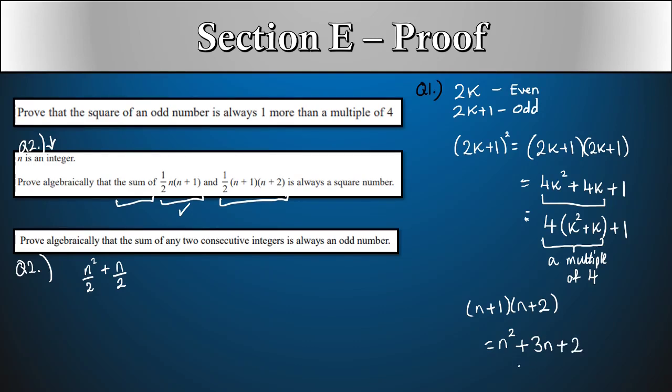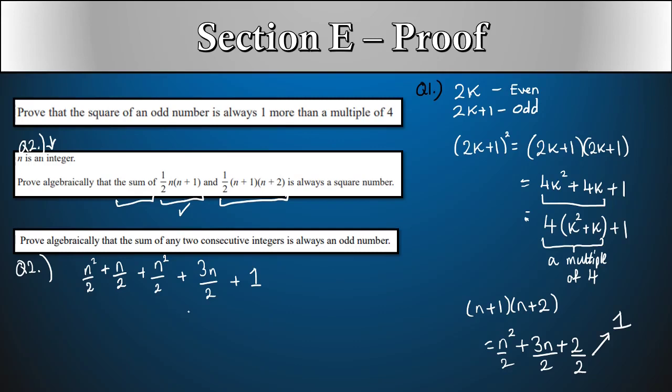So this is what I obtain here, but then don't forget, we've got this half at the front. So I need to divide each one of these individually again by 2. Okay, this 2 over 2, this would individually become 1. 2 divided by 2 is 1. So writing this out in full, what I've got here is another n squared over 2. I've got 3n over 2. And I finally got 2 over 2, which is 1.